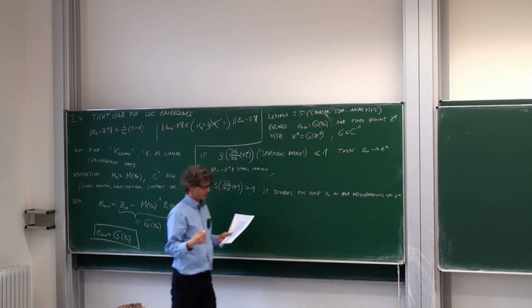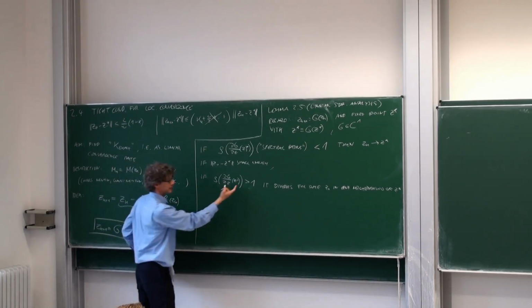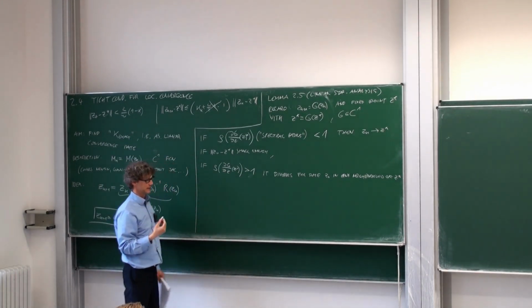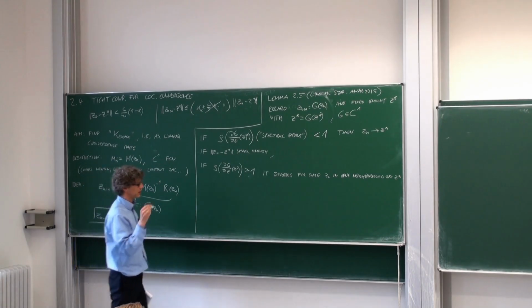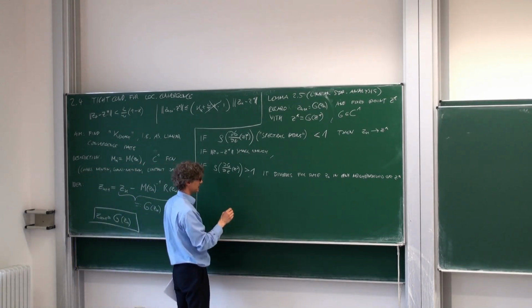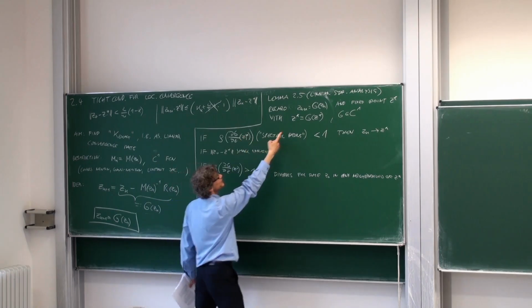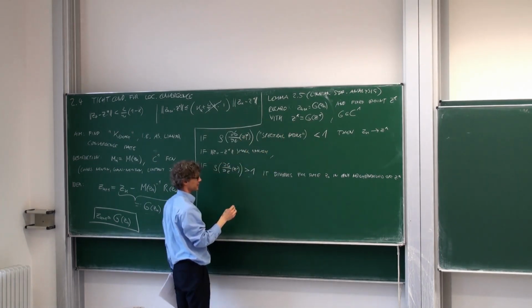So whatever you do, if the spectral radius is bigger than 1, there will be some z_0 that will diverge, as long as you don't start exactly in z star, because then, of course, it remains a fixed point, but it's an unstable fixed point.